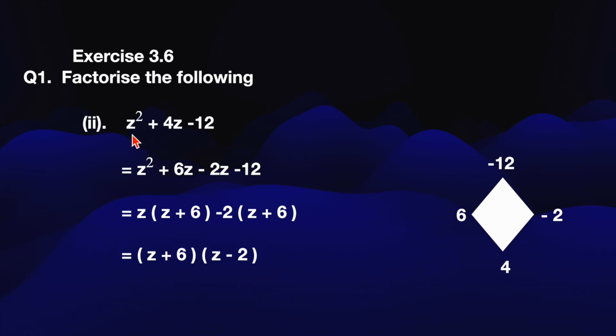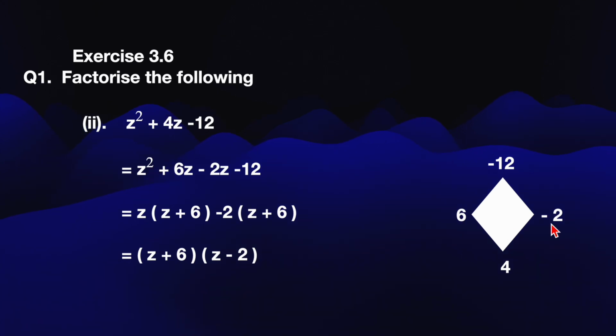Next sum, z squared plus 4z minus 12. Here the last term is minus 12 and the middle term is plus 4. So let's write down minus 12 and plus 4 here. We have to find two numbers which when multiplied will give us minus 12. So 6 and minus 2 are those numbers. You add them, 6 plus minus 2 is 4.